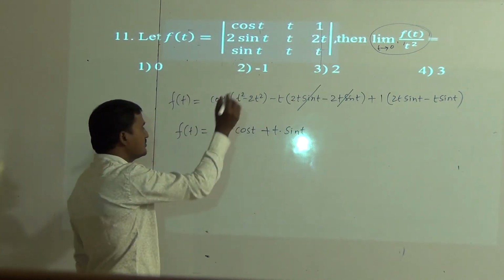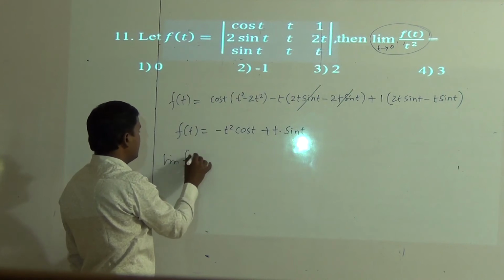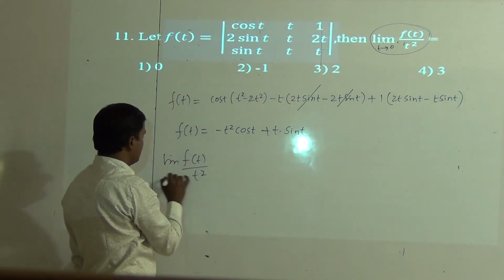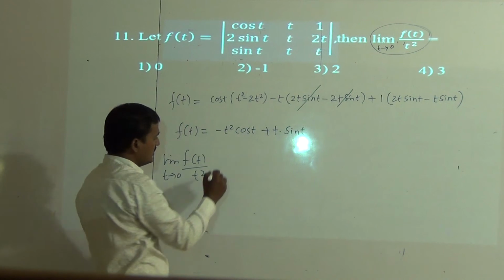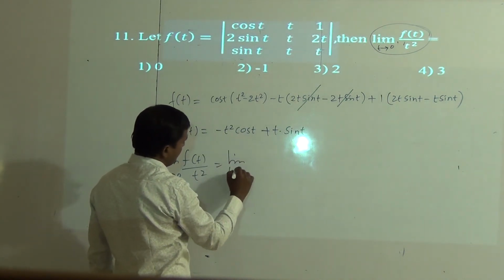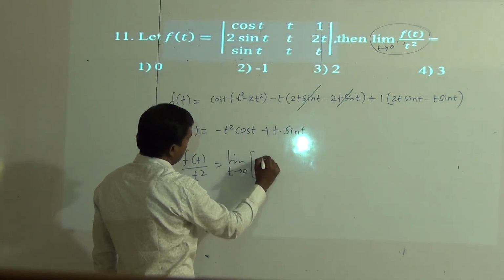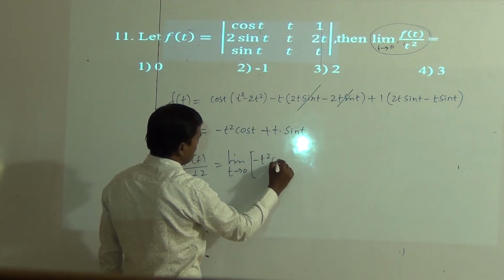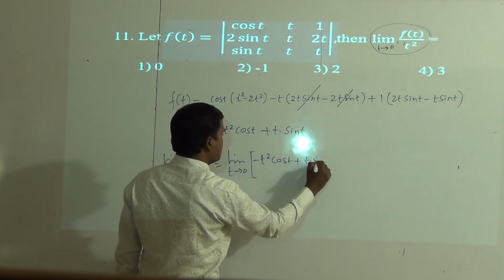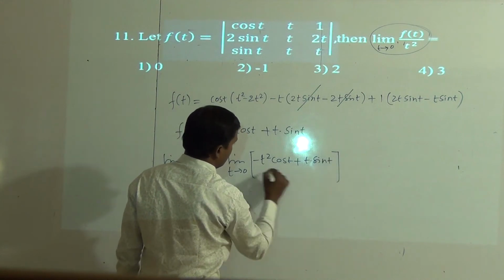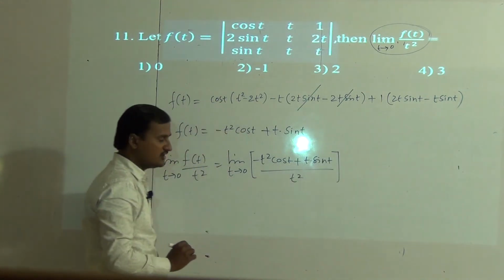Now I should find the limit of f of t divided by t square where t tends to 0. Now for this I should apply the limit to minus t square cos t plus t sin t, divided by t square. Is it right? So simplify this one.